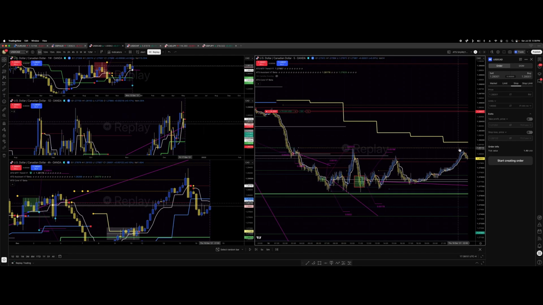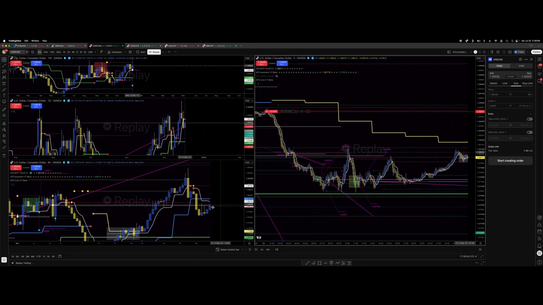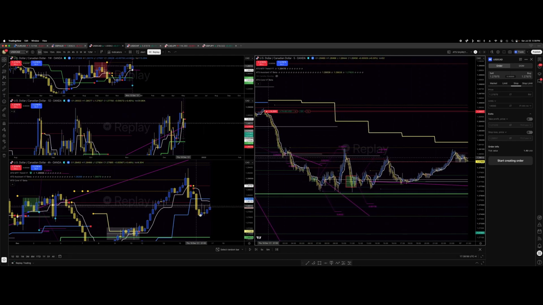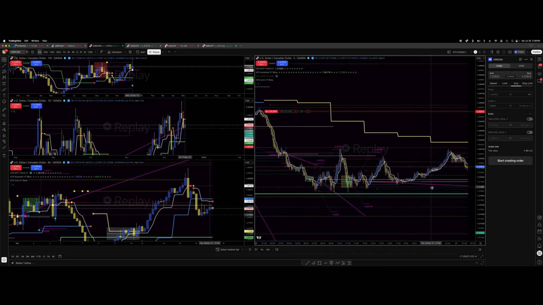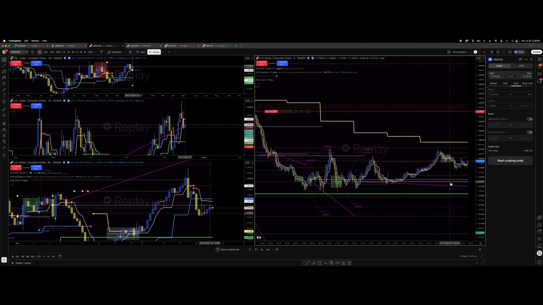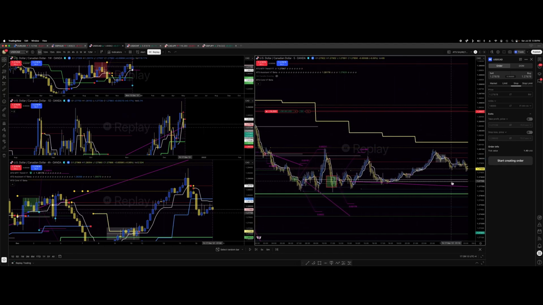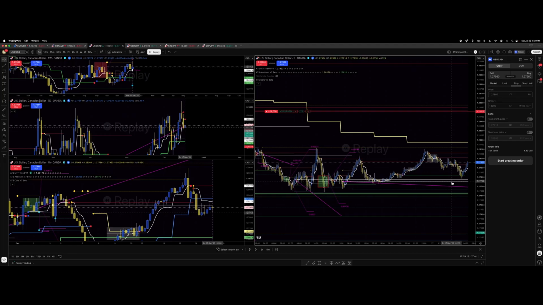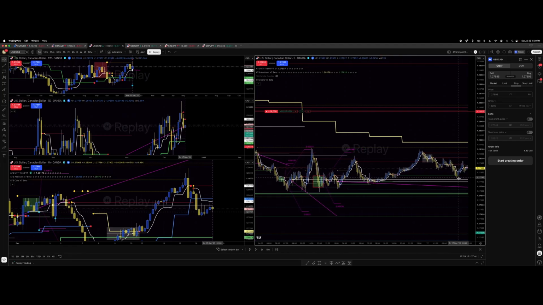Just bounced off of this liquidity level, and this is that retest. You know, a lot of times when you're looking at trend lines and things, this is that retest that you get. That's what I'm thinking. I'm thinking this thing is going to go down. We'll see. Come on.